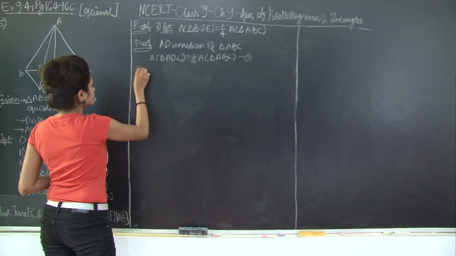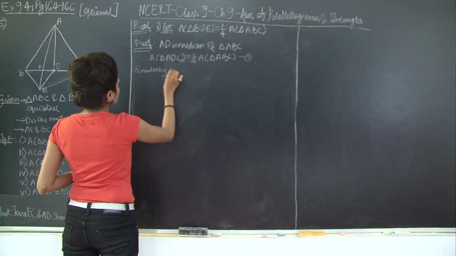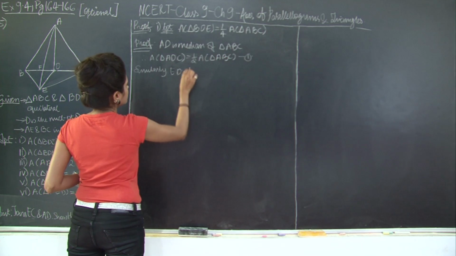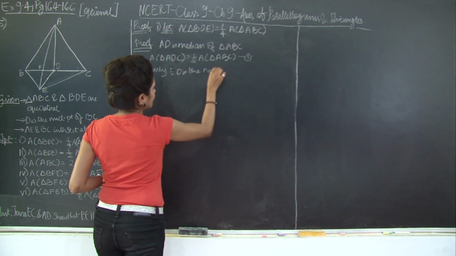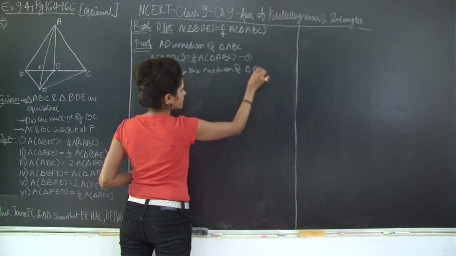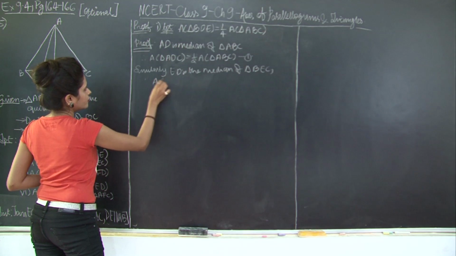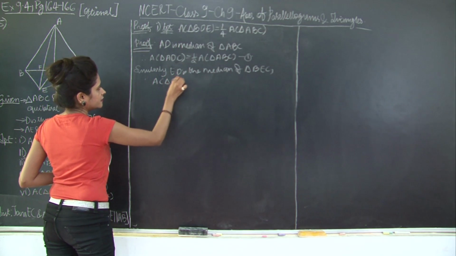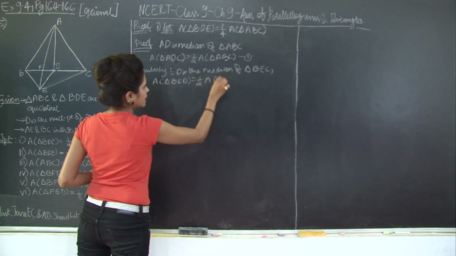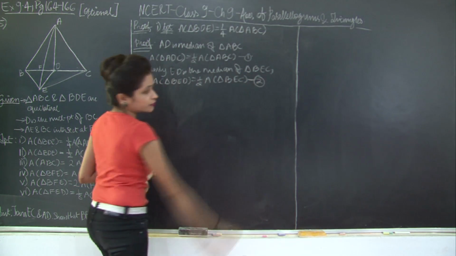Similarly, I will say DE or ED is the median of triangle BEC. Therefore, area of triangle BED is equal to half area of triangle BEC. Let's mark this as 2.